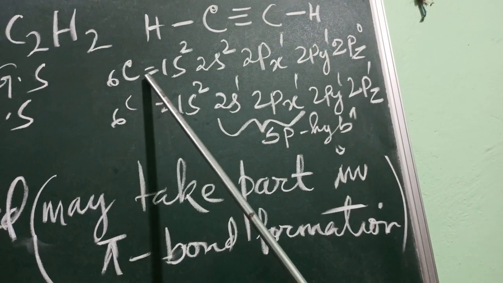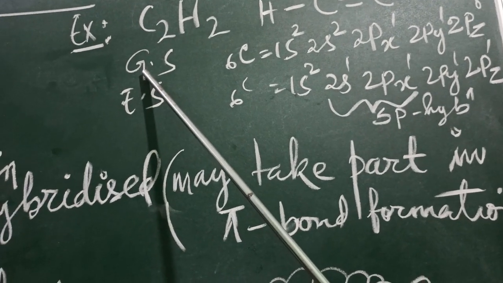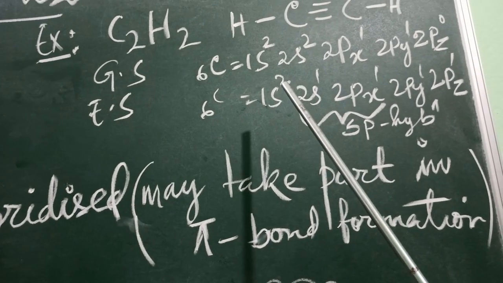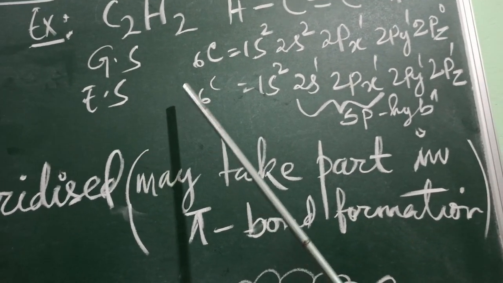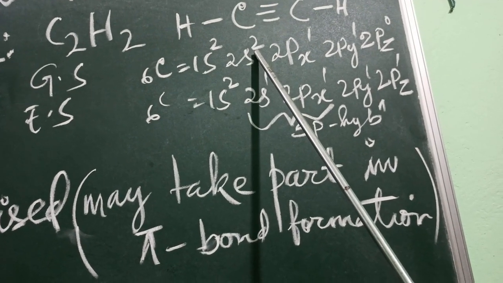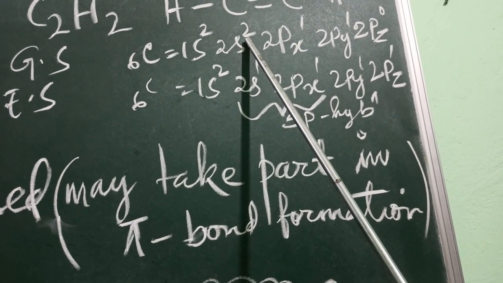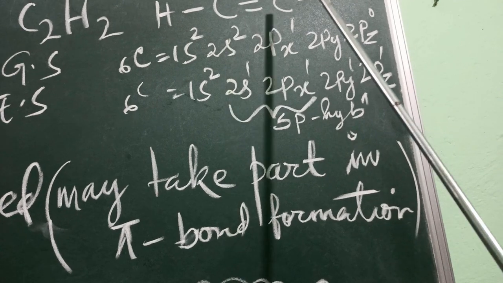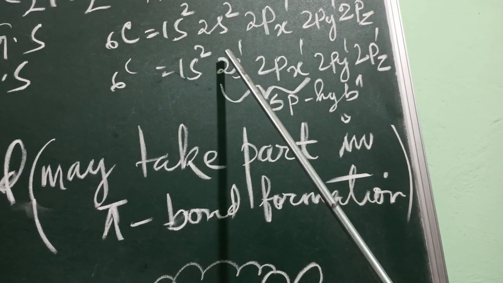The electronic configuration of carbon is like this in the ground state, and in the excited state one electron from the 2s orbital is excited to 2pz.